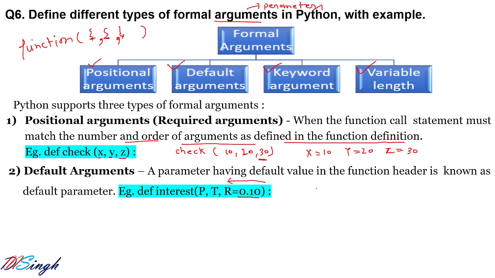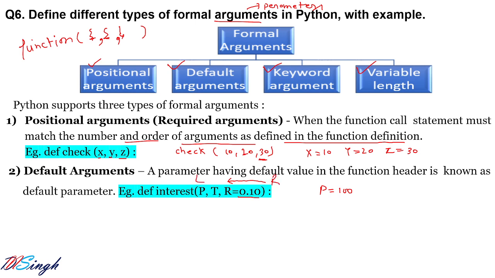You cannot give a value for p like 1000 but not give a value for t. You have to give a value for r first, then t, and then p. So it should be from right to left. This is the right and this is the left.